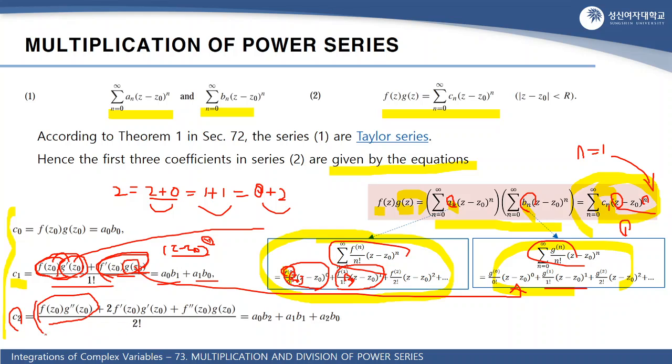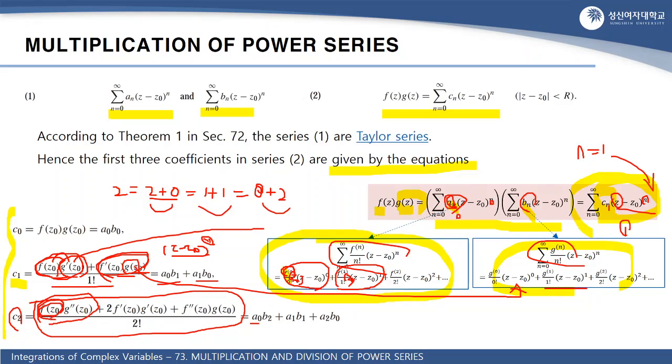Then we can write this: f(z_0) times g double prime(z_0) plus 2 f prime(z_0) times g prime(z_0) plus f double prime(z_0) times g(z_0), divided by 2 factorial. This is equal to, because this is a_0, we use this notation when n is 0, which means constant.